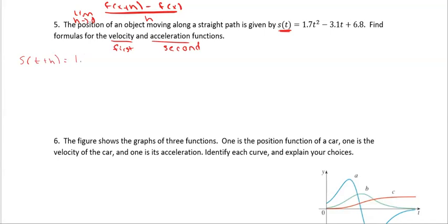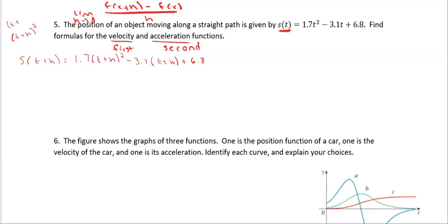So that looks like 1.7 times t plus h squared minus 3.1 times t plus h plus 6.8. There we go. We need to clean this up a lot. Just like what we did before, we need to have our expansion here on t plus h squared. We need to FOIL that.